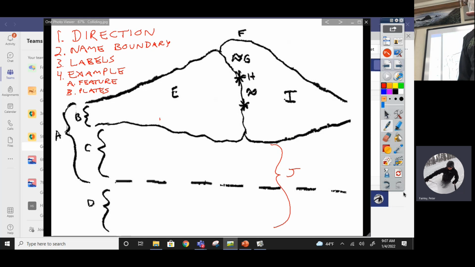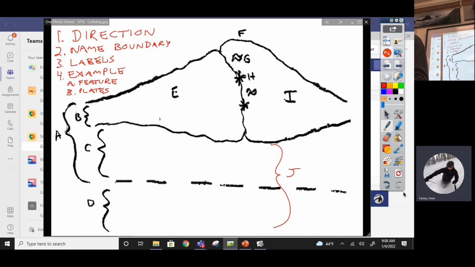Not their shape, because they break apart and they merge together. But they stay up on top of the crust. Whereas the ocean floor gets pushed down into the mantle and destroyed, or new ocean floor is formed by magma that rises up out of the mantle. So the ocean floors are much younger.